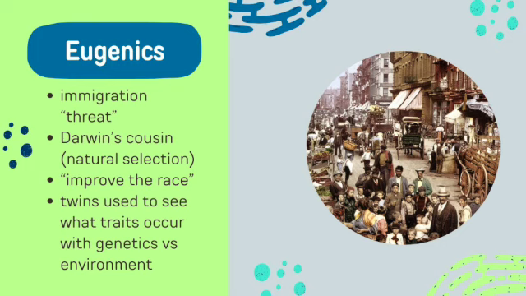And so during this time, I think it should be noted that there was a quote-unquote threat of immigration. The Industrial Revolution in both the United States and Europe was in full force, so there was a huge influx of immigrants coming to both the UK and the US, and this sort of sparked a fear among many people.